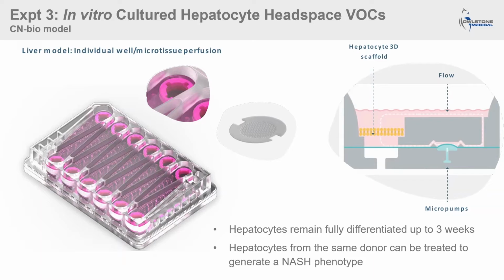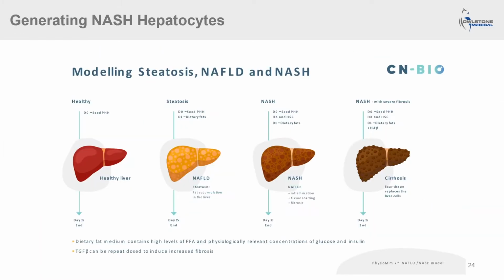Then the media flows through the hepatocytes to provide oxygen and nutrients. The advantage of this model is that we can not only have healthy hepatocytes, but with specific treatments, we can also generate models of different stages of non-alcoholic fatty liver disease.